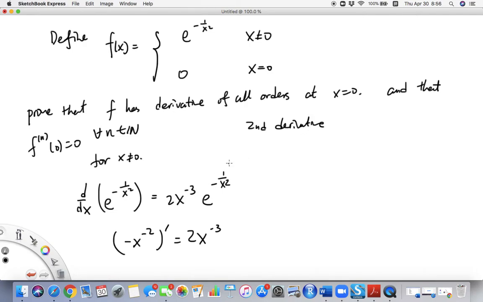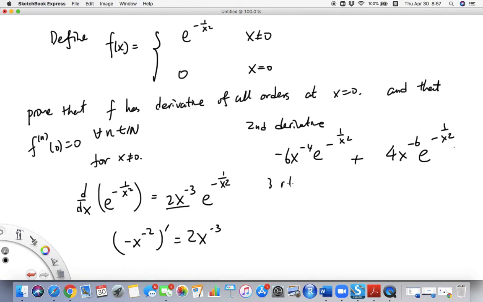If we use the product rule, what we're going to get is we differentiate this first, so minus 6x to the minus 4 times e to the minus 1 over x squared, and then plus 4x to the minus 6 e to the minus 1 over x squared, right?